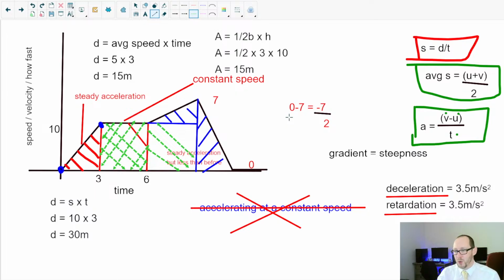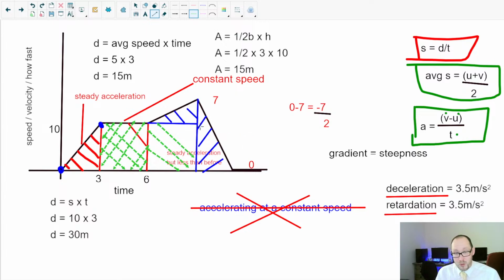They immediately go speed equals distance over time. They pick a single number from the graph. They do the whole time for the whole thing, and there's nothing there. The first mark you want here is you want to go, the distance travelled is the area under the graph. Write that statement out, and then just break it down nice and logically, and just add them all up. Job's a good one. Okay?